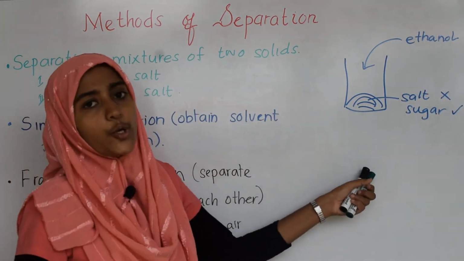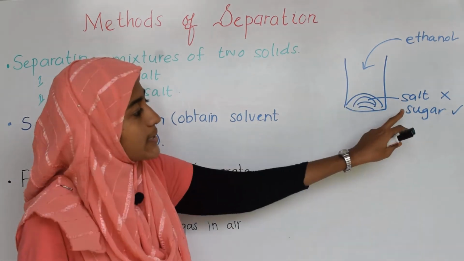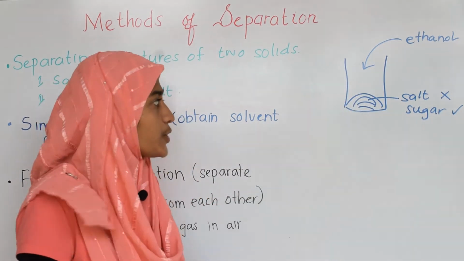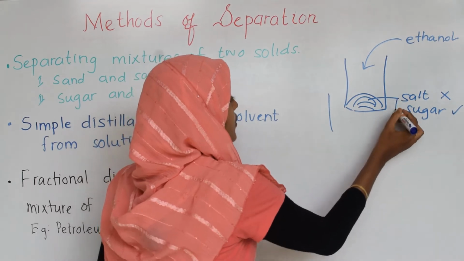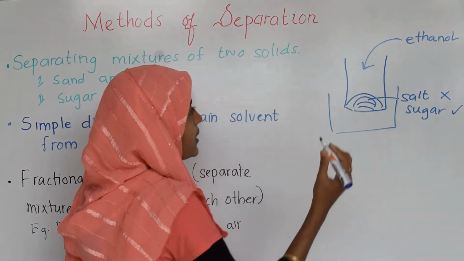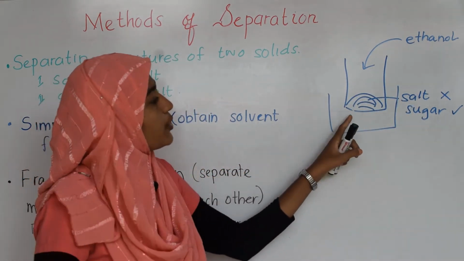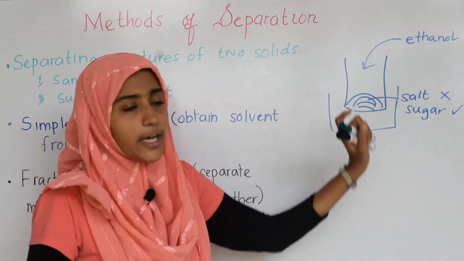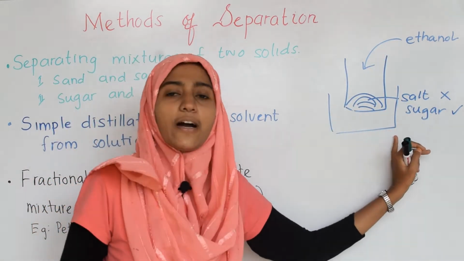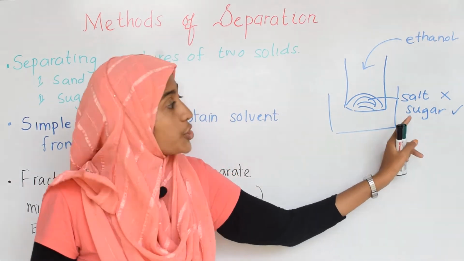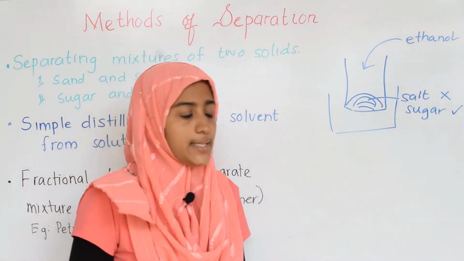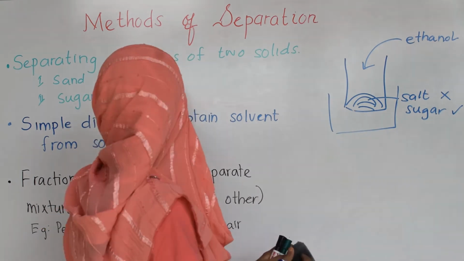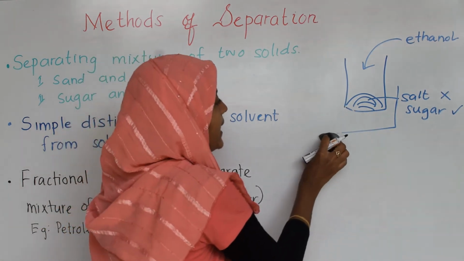In that way you can separate the sugar, because only one substance dissolves. So you get sugar dissolving in ethanol, salt will not dissolve, therefore you can separate sugar from salt in this case. Right. Now let's move on to something else.